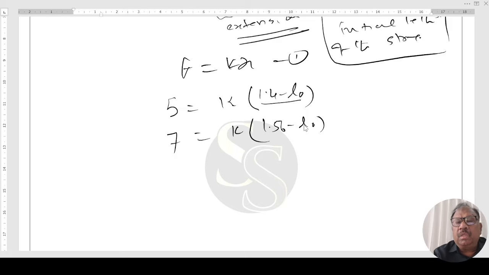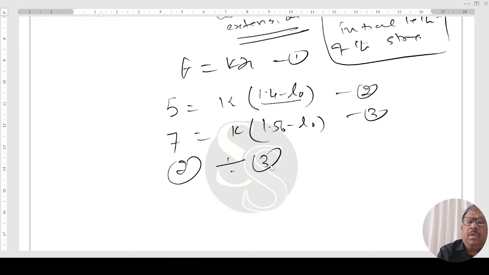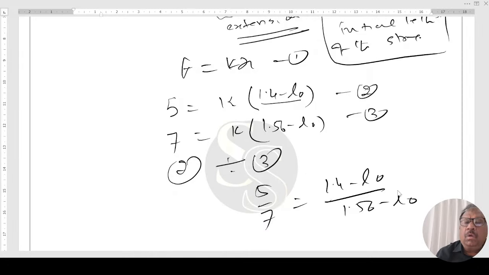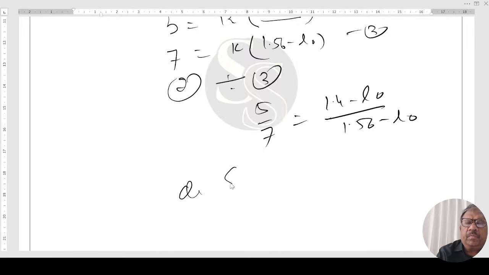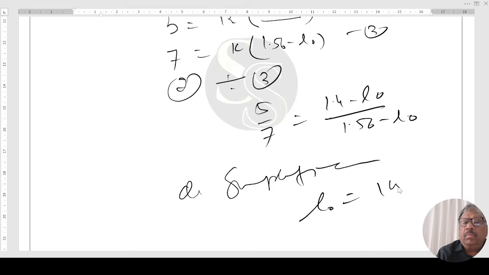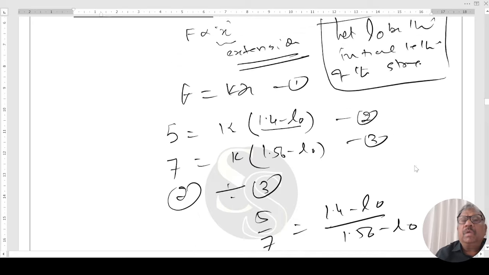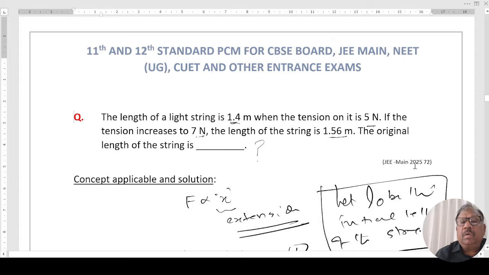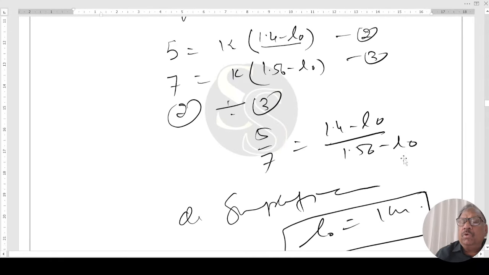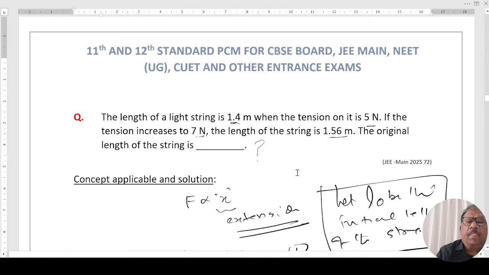Final length minus initial length, that is the extension. This is equation 2, this is equation 3. 2 divided by 3, we get 5 by 7 equal to 1.4 minus L naught upon 1.56 minus L naught. Now, on simplification, L naught is equal to 1 meter. Original length of the string is 1 meter. That is 1 meter is the answer.